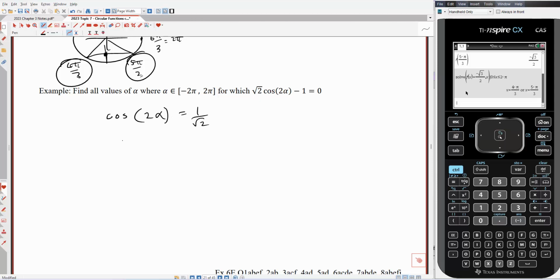Okay, so remember now what we're going to do is get our base or reference angle. So 1 on root 2, anything involving a root 2 is going to be a pi on 4 reference angle. Okay, so now specifically we want to know when cosine will produce a 1 on root 2. Okay, so that's our base angle. So we're going to get a 1 on root 2 here. This is the first time it's actually at the base angle, pi on 4.